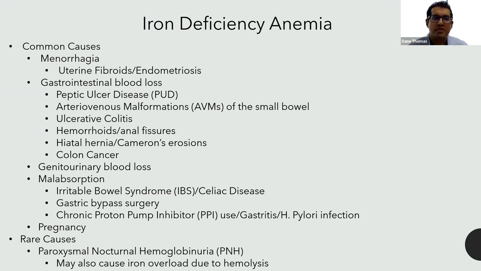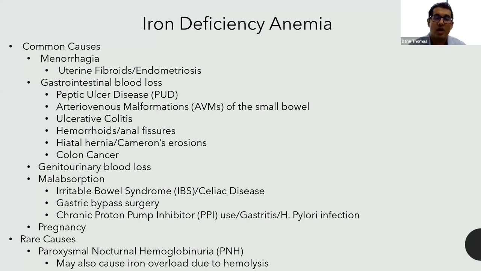Malabsorption is another common cause of iron deficiency, and causes of malabsorption include irritable bowel syndrome, or IBS, celiac disease, surgical resections, which include gastric bypass surgery, and chronic proton pump inhibitor use, as well as gastritis and H. pylori infection.